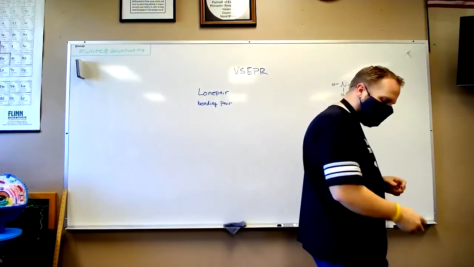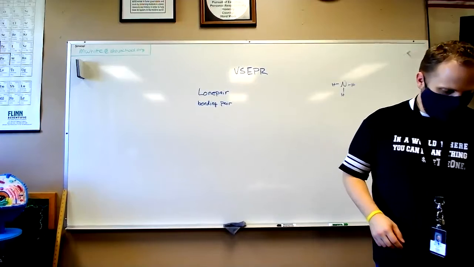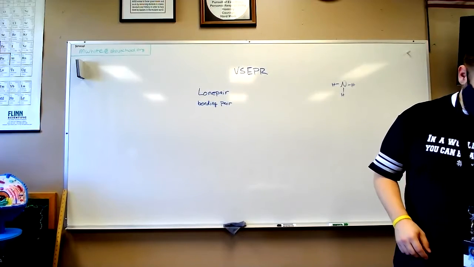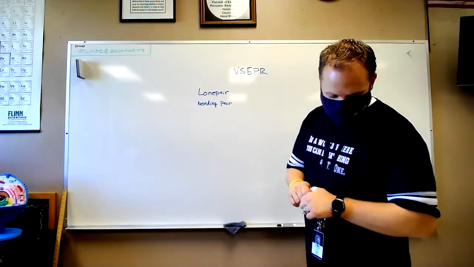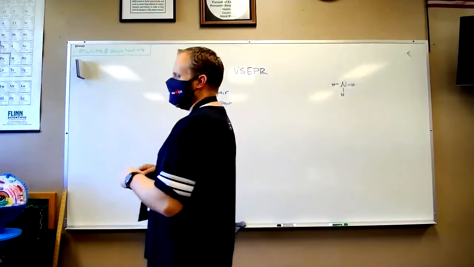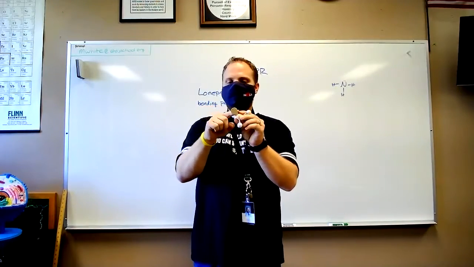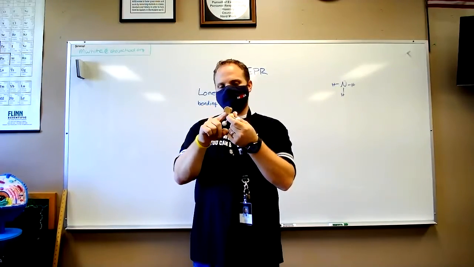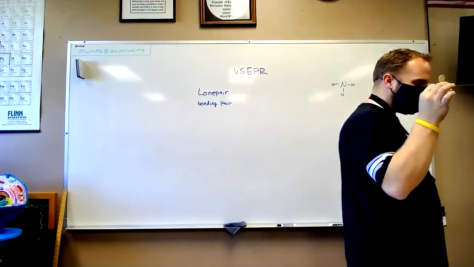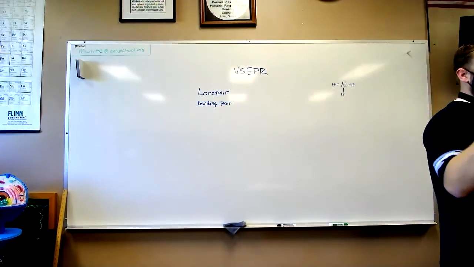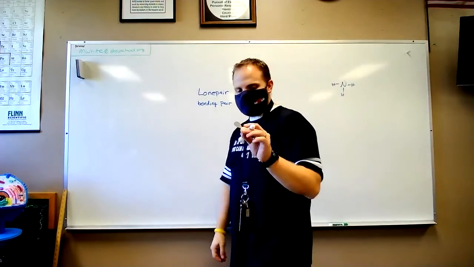Now this is the first one where we're going to have a lone pair. So we have 3 shared pairs and 1 lone pair. This flat thing here represents a lone pair of electrons. So if we have 3 that are shared bonding electrons and 1 that is a lone pair, we get this, which is trigonal pyramidal.